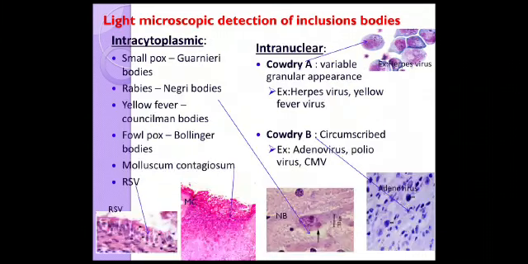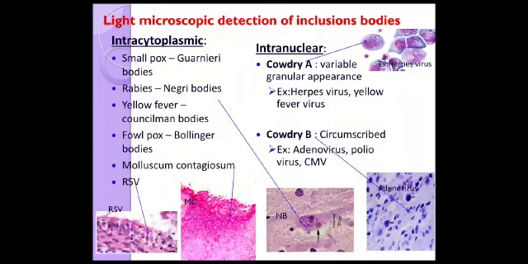These inclusion bodies can be classified based on where they are present. They can be intracytoplasmic inclusion bodies, intranuclear inclusion bodies, or those present both intracytoplasmically as well as intranuclearly.